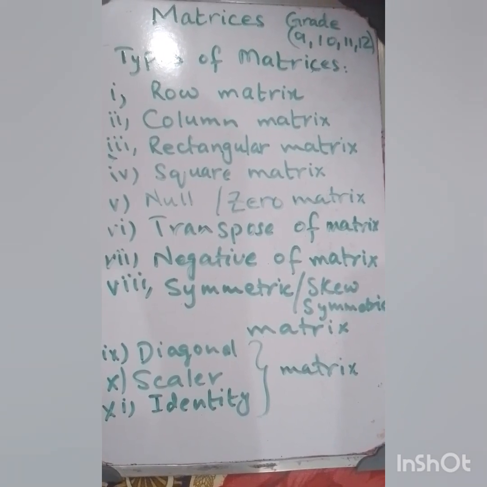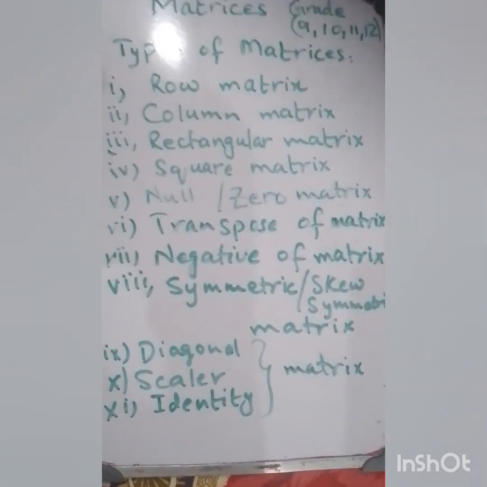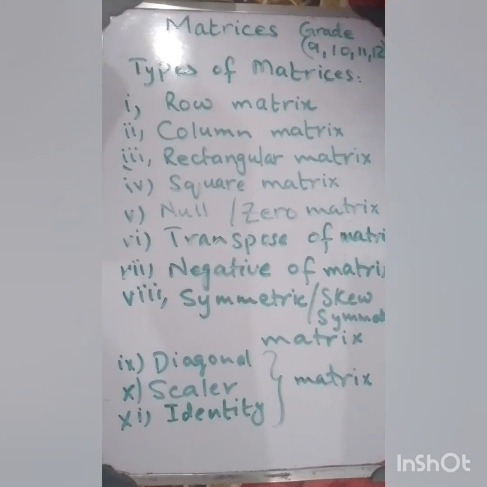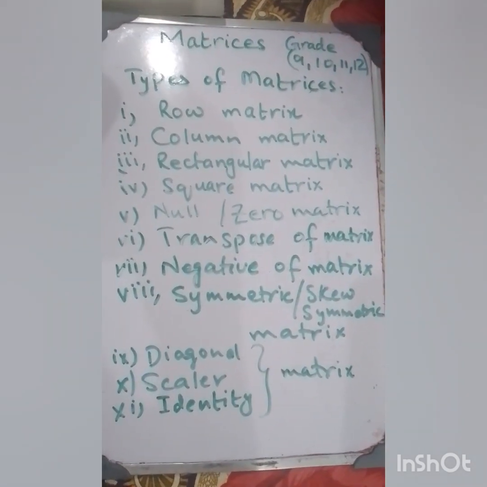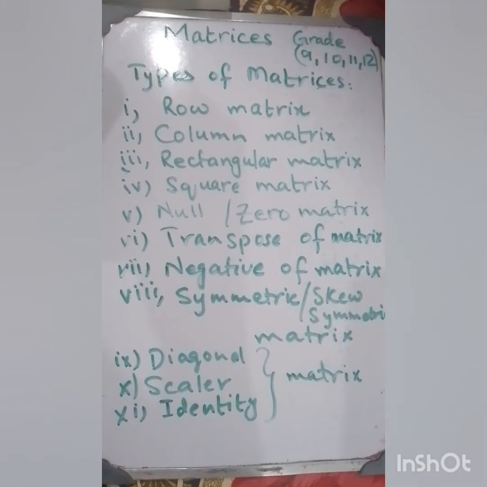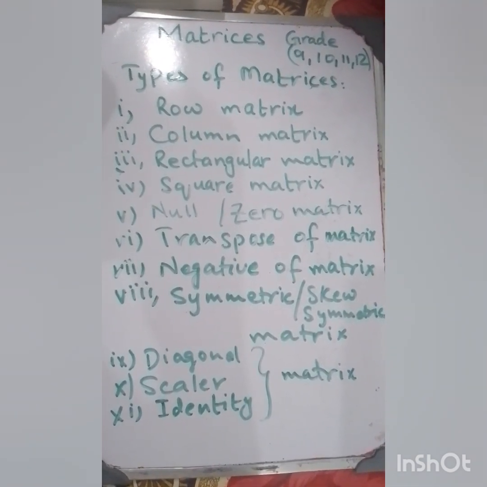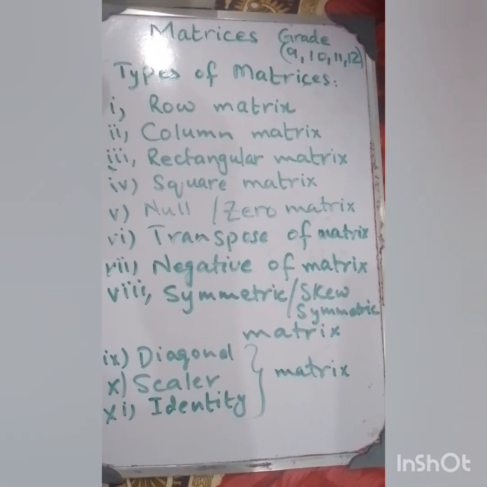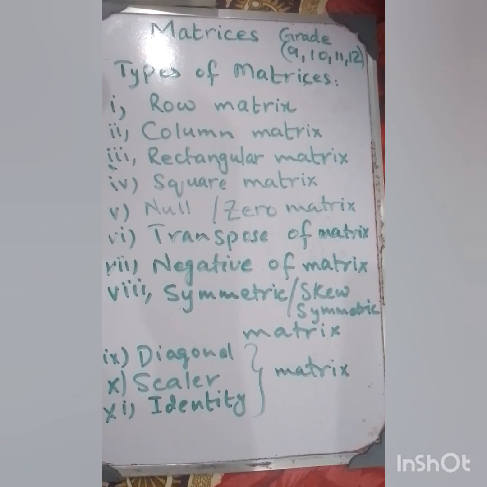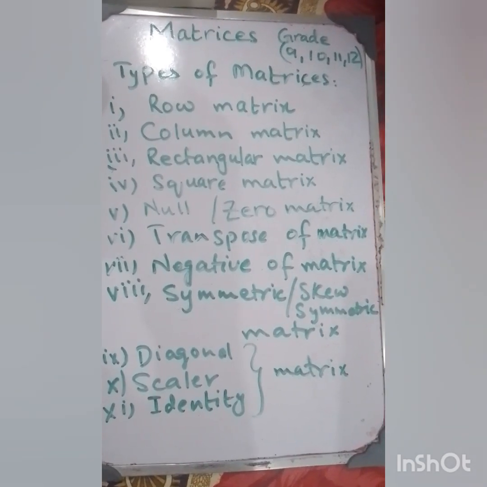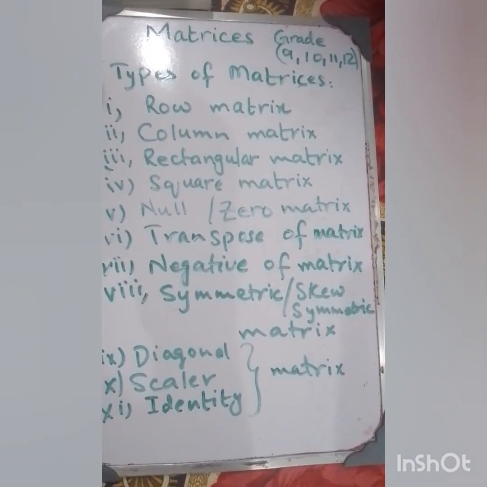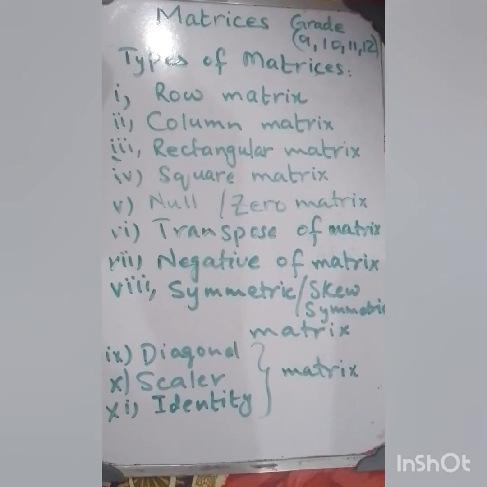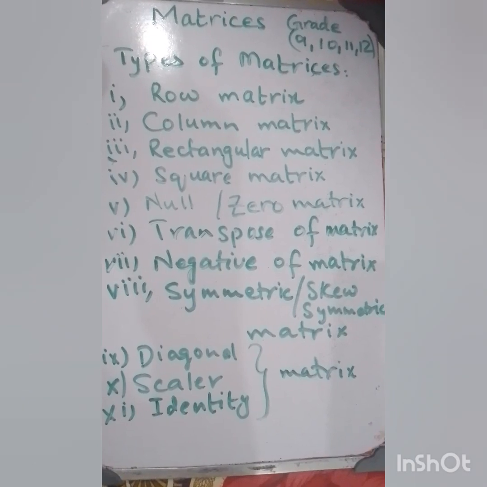Now what I am showing you are the types of matrices, from 1 to 11: row, column, rectangular, square, null or zero matrix, transpose of a matrix, the negative of a matrix, symmetric and skew symmetric matrix, diagonal, scalar and identity matrix.